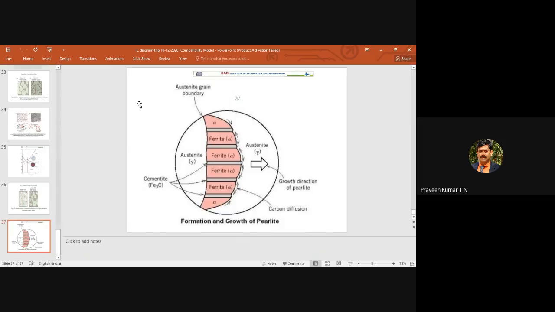So once you have understood, then we'll go straight away to the cooling curve.